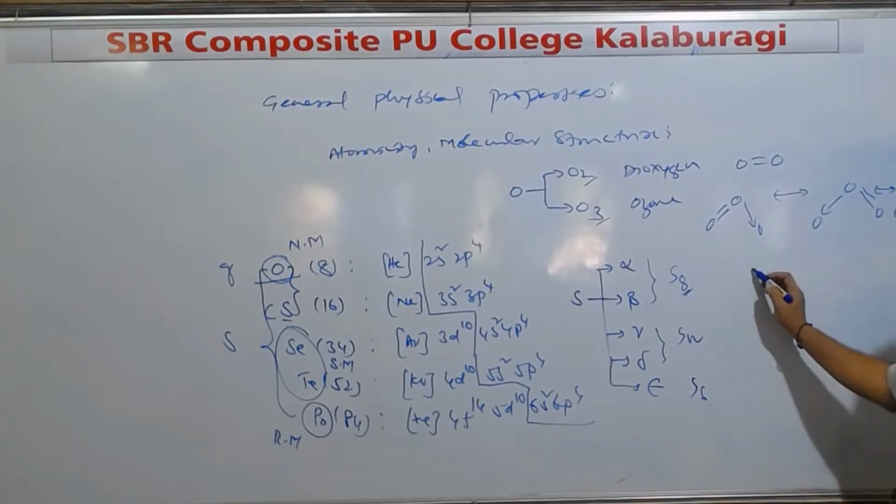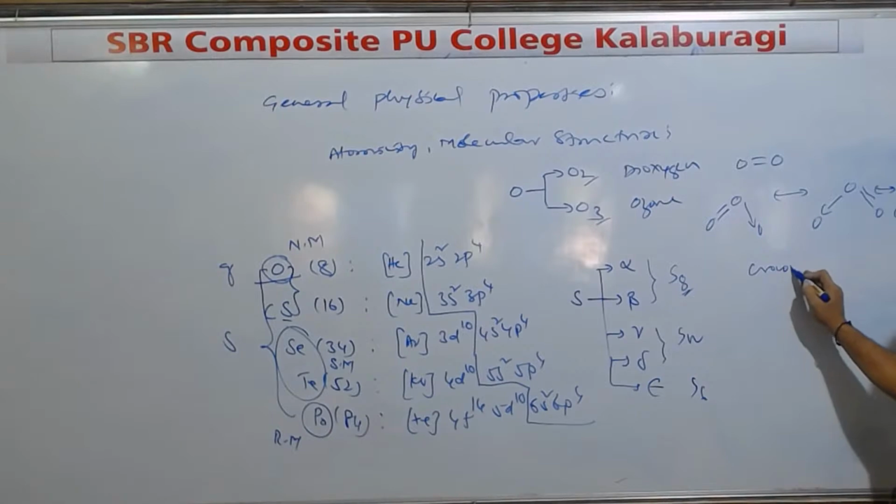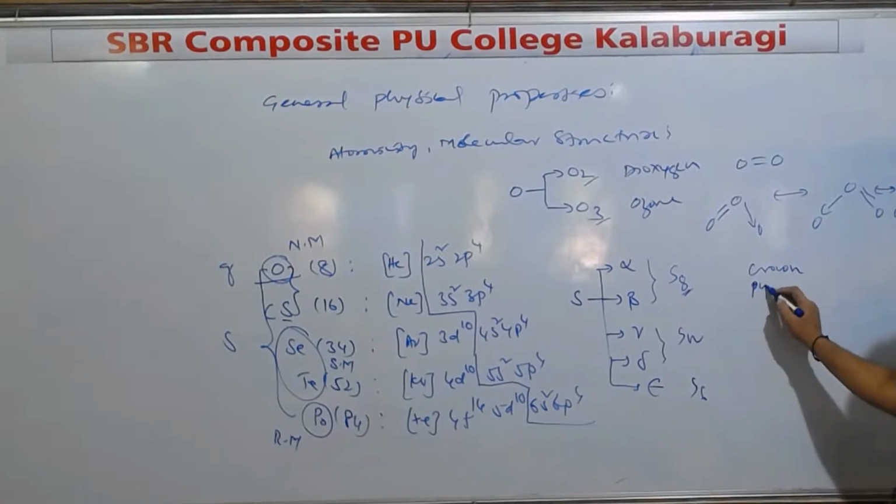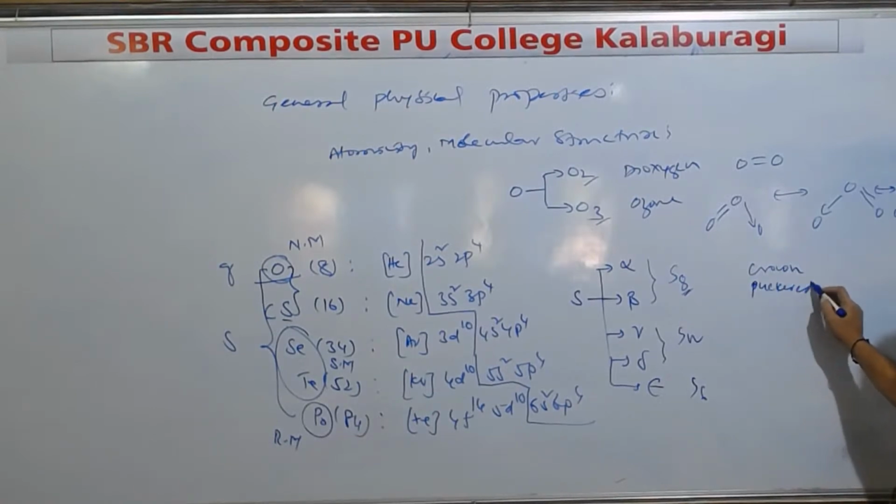And what is the structure of S8? It's a familiar structure called crown shape or puckered ring shape. We draw the structure like this. Okay. What is the covalency of sulfur in S8? Covalency means how many covalent bonds there are on average.